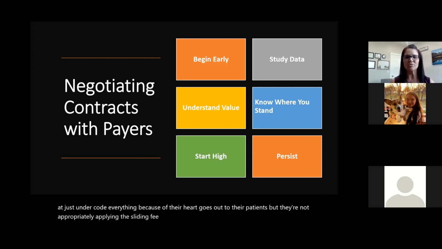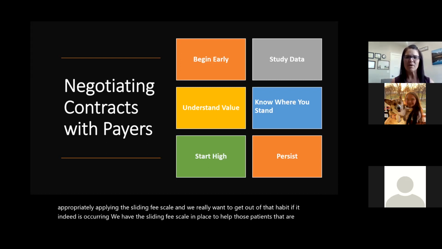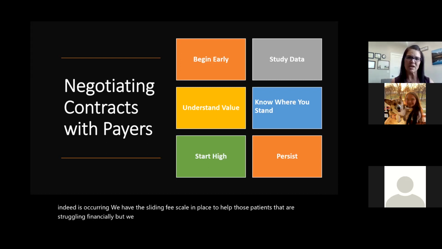We really want to get out of that habit. If it indeed is occurring, we have the sliding fee scale in place to help those patients that are struggling financially. But we also don't want our clinicians undervaluing the complexity of the services. Don't pick a 212 to save the patient money when you're actually offering a 214 service. So those are good things to keep in mind.